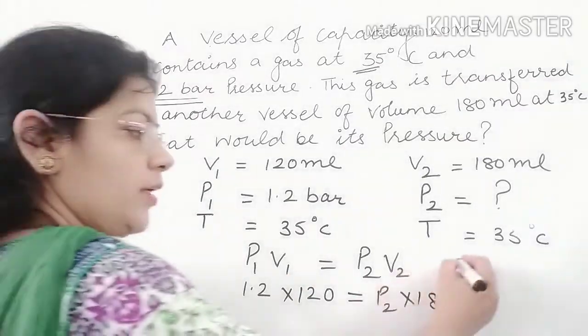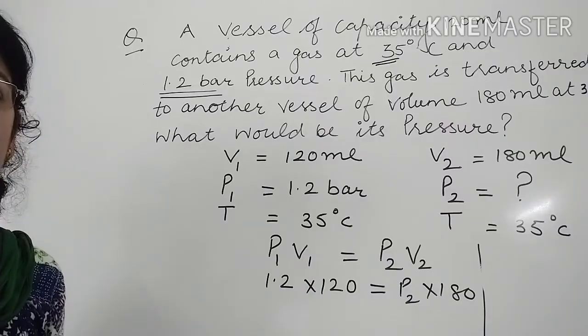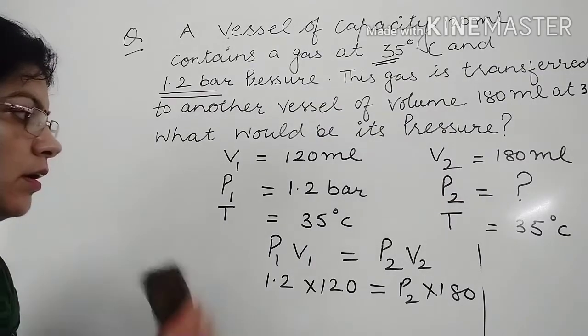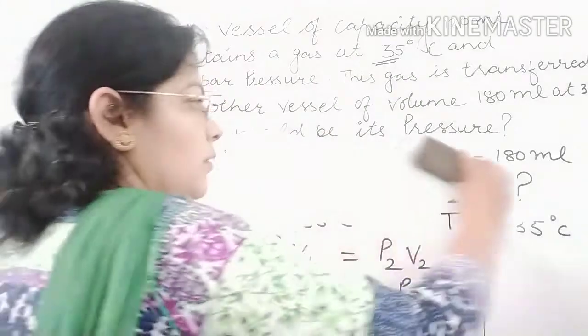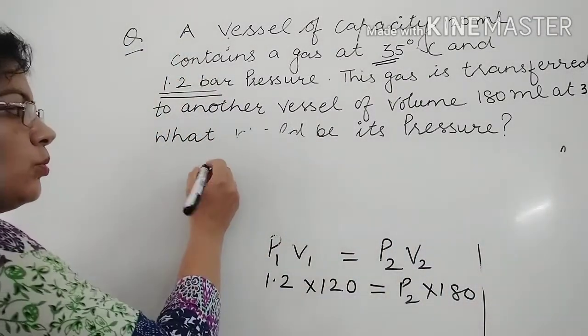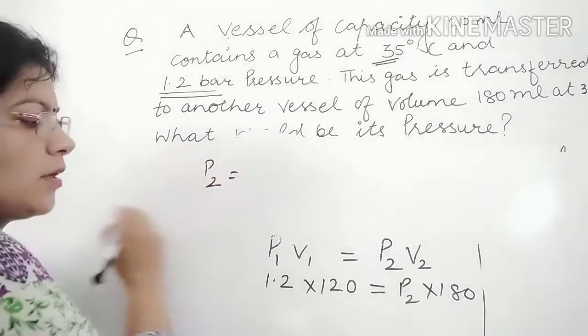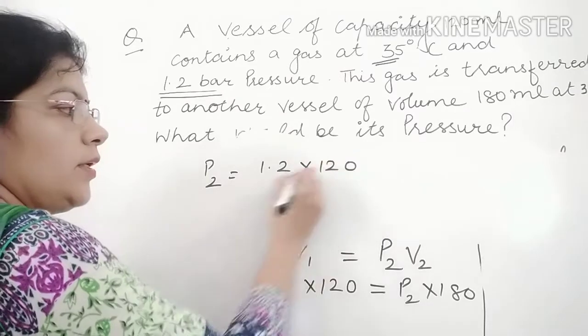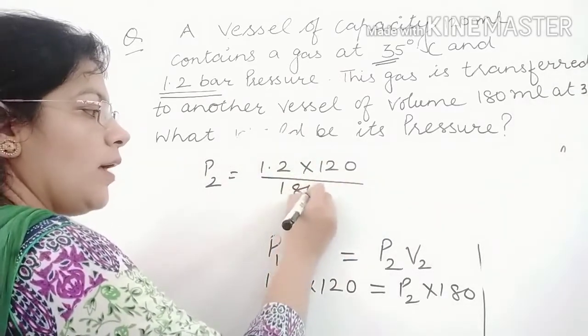So the value of P2 is 1.2 multiplied by 120 divided by 180.